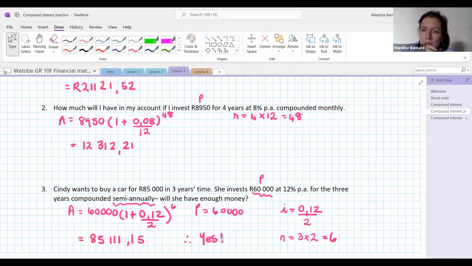Because the interest is compounded semi-annually, meaning Cindy will get interest twice a year. So if you're getting interest twice a year for 3 years, then you're getting interest 6 times. Oh, okay, no, I get it. Thank you.